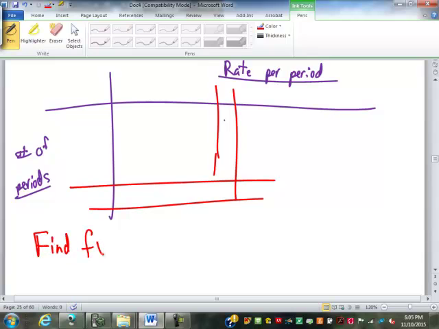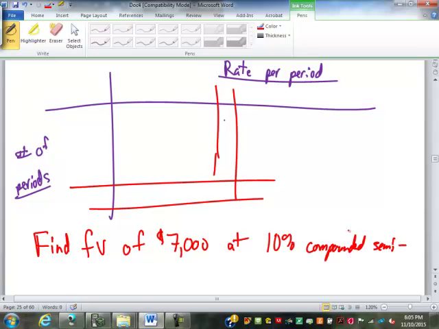Find the future value of $7,000 at 10% compounded semi-annually for 7 years. Make sure that's on the table.